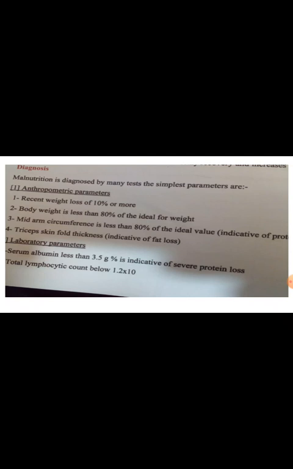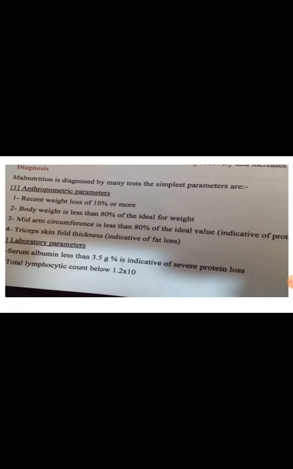Starvation and hypercatabolism. Starvation is decreased intake of nutrients, pre-operative or post-operative. Hypercatabolism is when the patient takes in nutrients, but they are catabolized in the body due to increased inflammatory response, like in trauma patients, severe sepsis, pancreatitis, chemotherapy, radiotherapy, and so on.